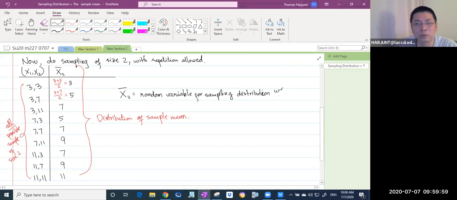Which size 2? Oh, that's confusing right now, huh?